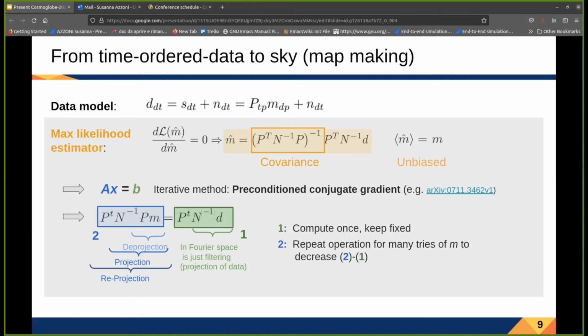Since these techniques are iterative, we need to run several iterations to arrive at an acceptable estimate for our map. The number of required iterations also strongly depends on the noise model and on which maximum scale we aim to recover the map.